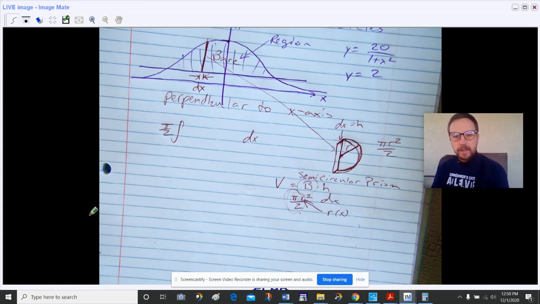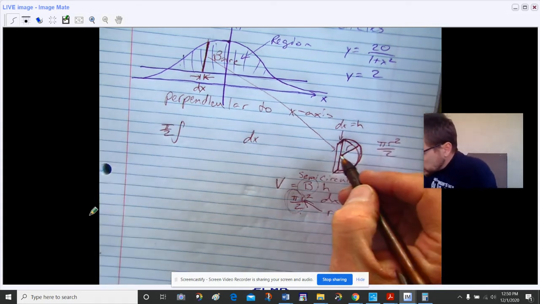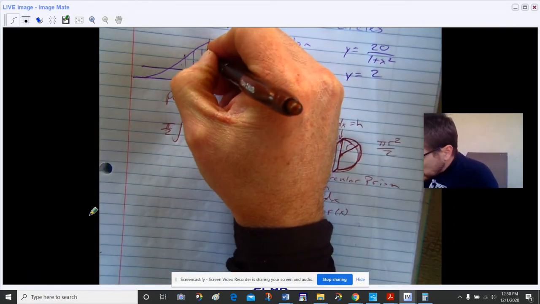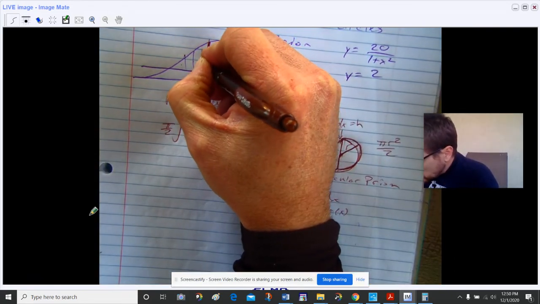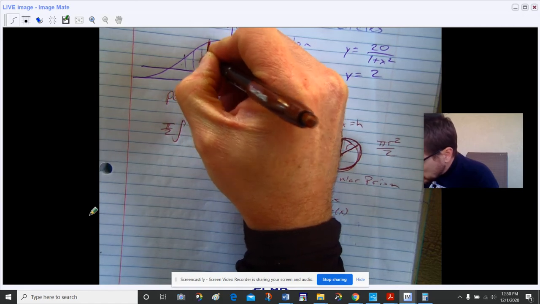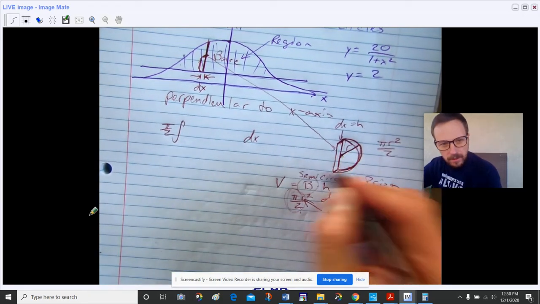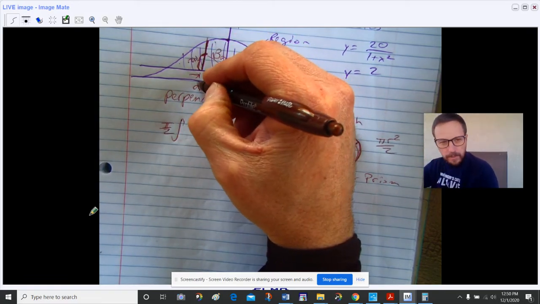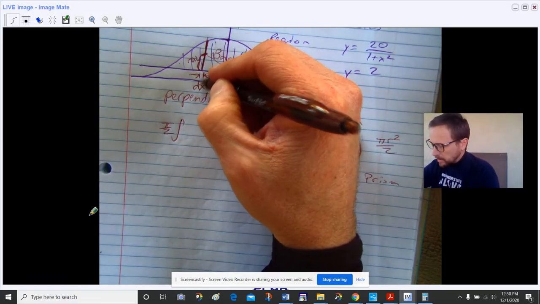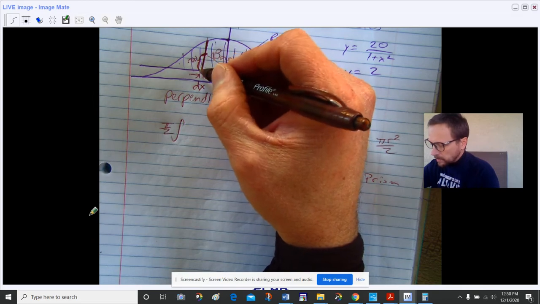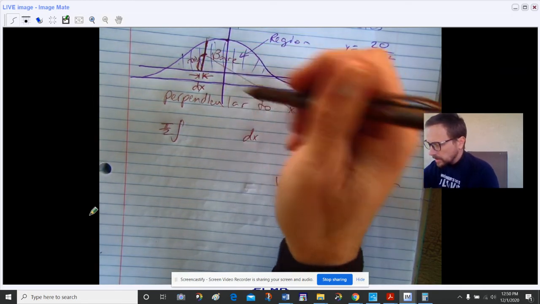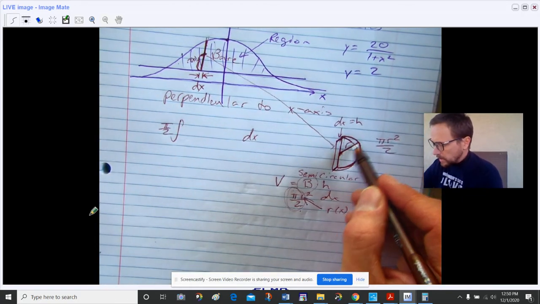R goes from the center of our semicircle to the edge. This is R of x, not from here up there, not from here to here. Those are all revolutions, and that's why the R was there. In this case, the radius is right here.